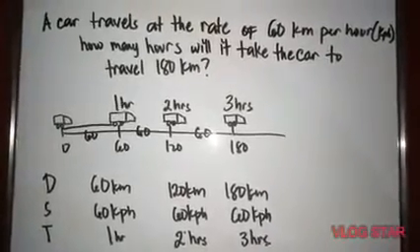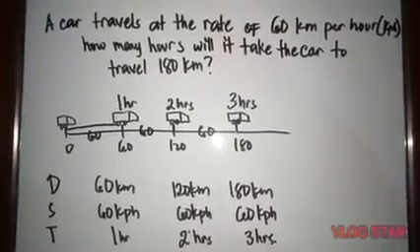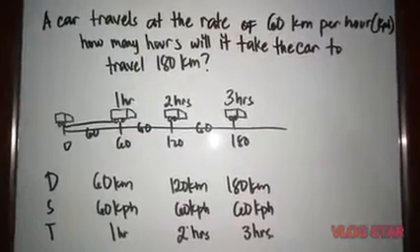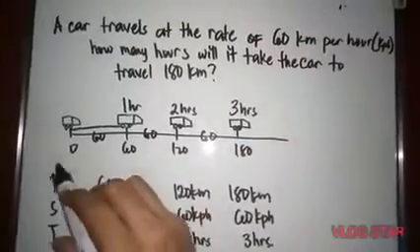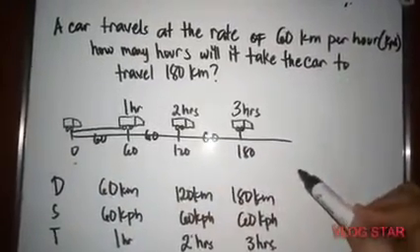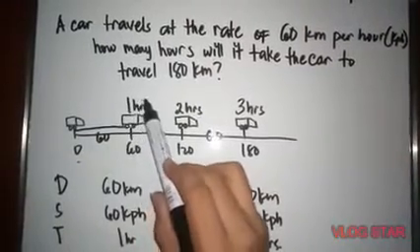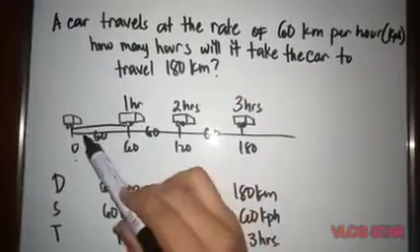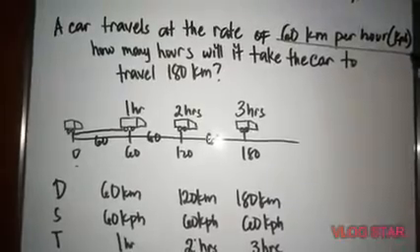The second example: a car travels at the rate of 60 kilometers per hour. How many hours will it take the car to travel 180 kilometers? So I have drawn here. From 0 to 60, it takes 1 hour. As you can see, the speed is 60 kilometers per hour.